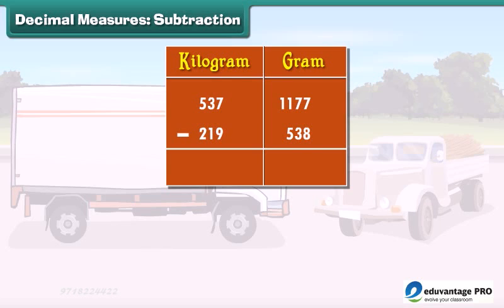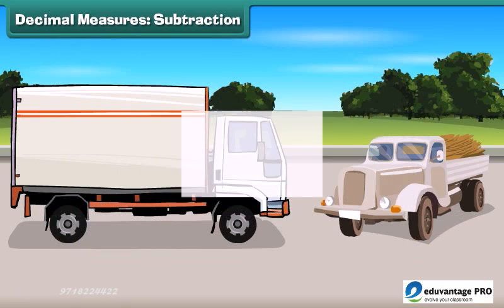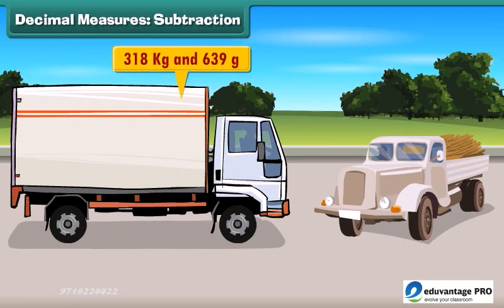Subtracting 538 grams from 1177 grams, we get 639 grams, and subtracting 219 kilograms from 537 kilograms, 318 kilograms is obtained. Thus, 318 kilograms and 639 grams extra load is there in the first truck.